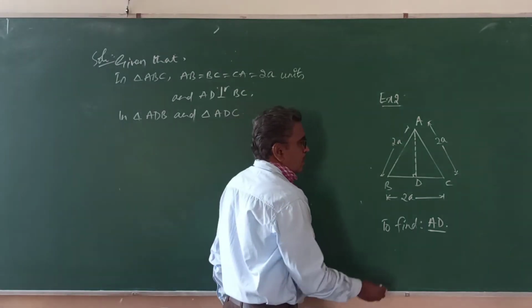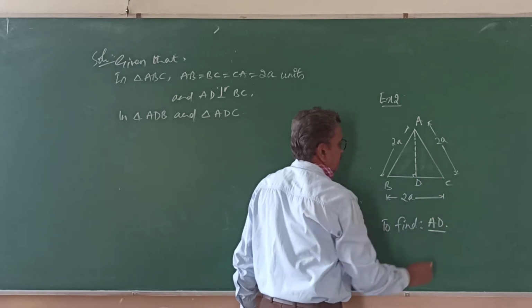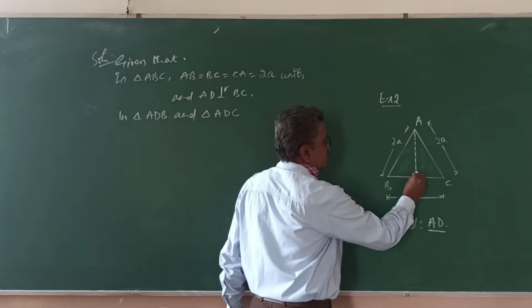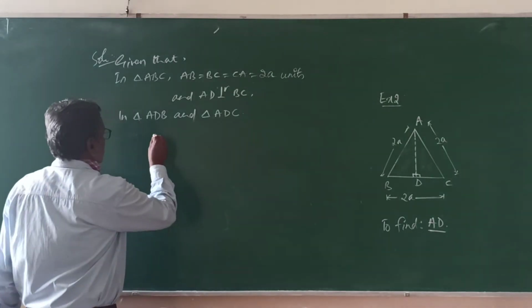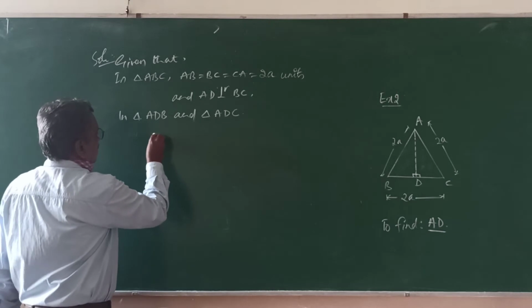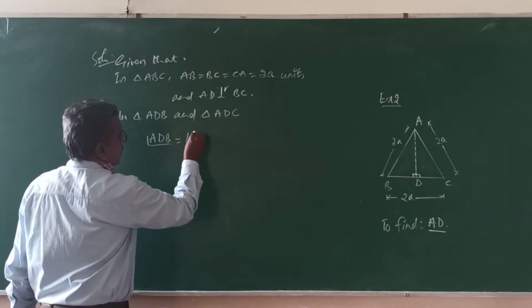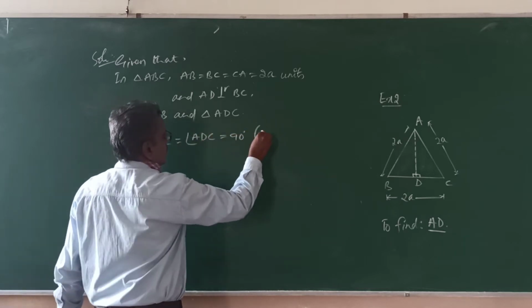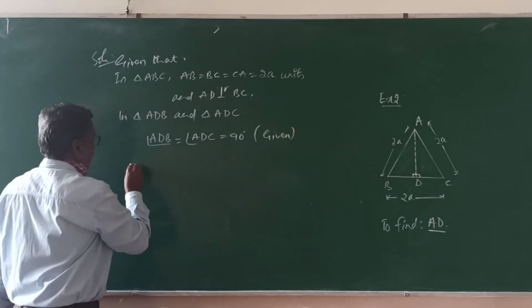Now see here, triangles ADB and ADC. Angle ADB is equal to angle ADC, equal to 90 degrees, given the altitude.